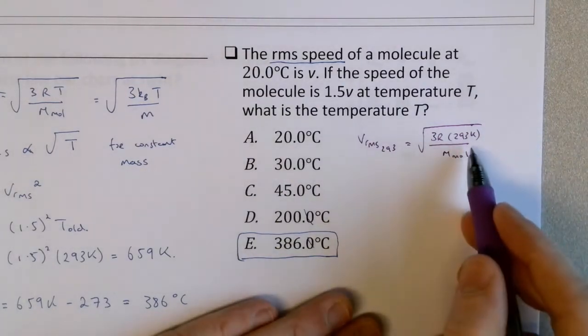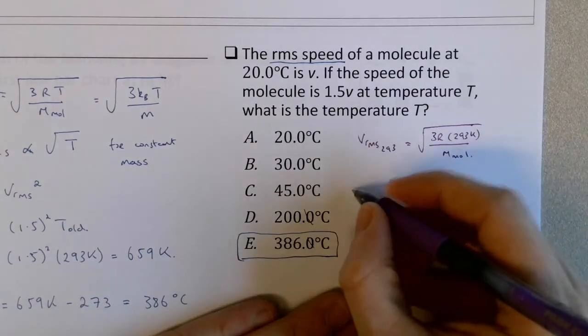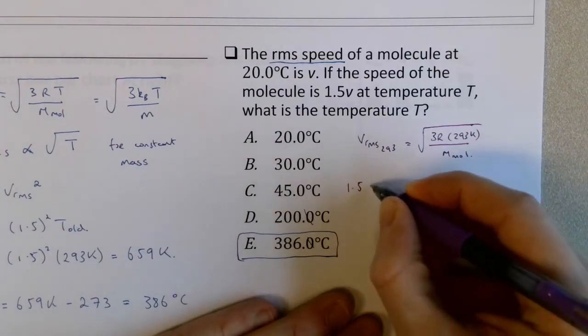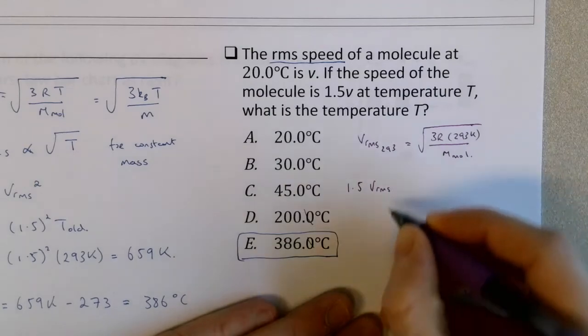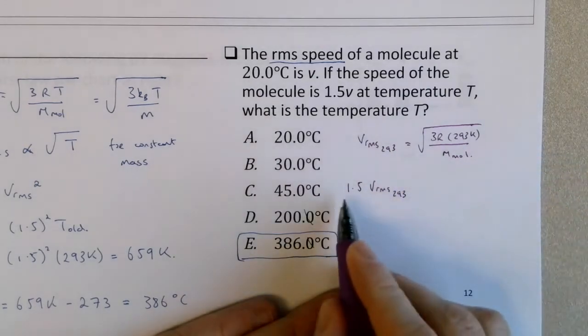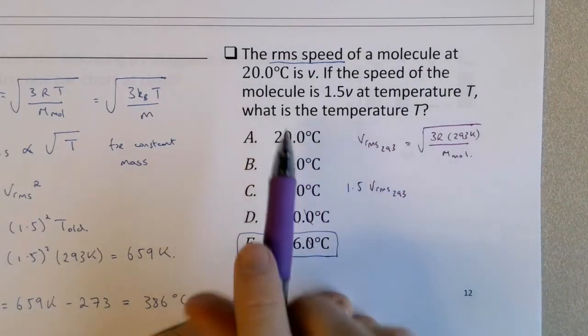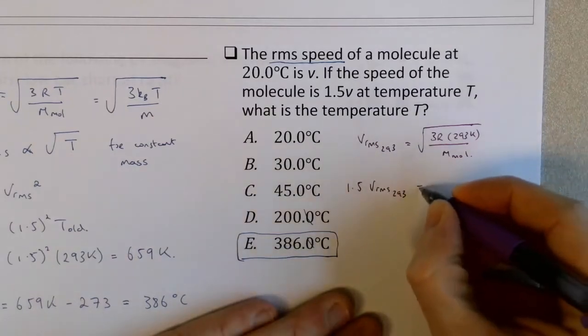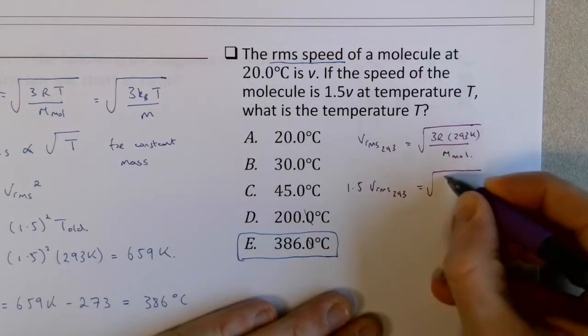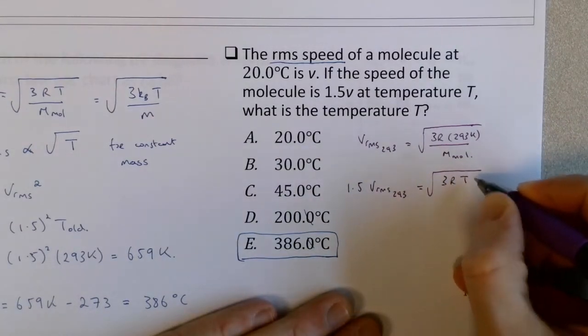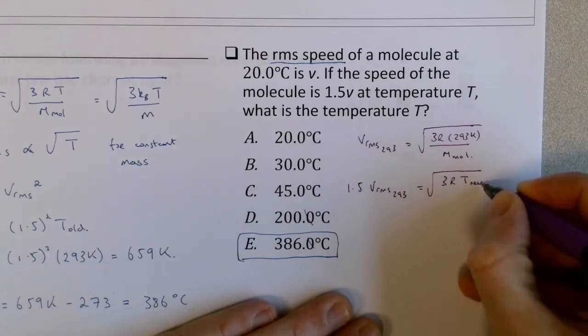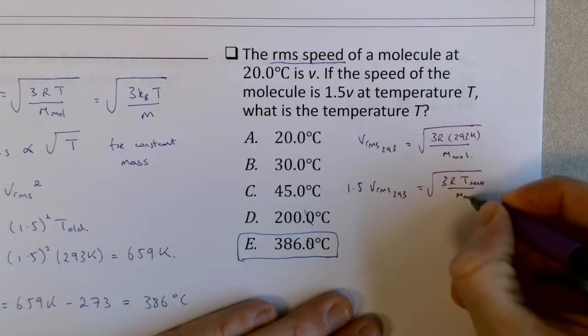Now we know the V at this new temperature, at T prime or T new, we have 1.5 times this V RMS at 293. So 1 times the V at room temp corresponds to the square root of 3 times R times T new, all divided by the molar mass.